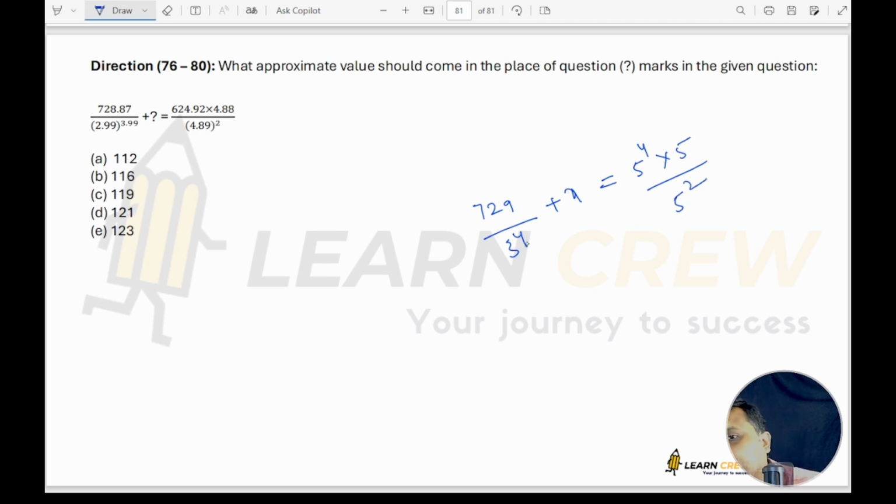So 3 power 4 is 81. 81 9s are 729. Now 5 square, 25 5s are 125. 125 minus 9 is 116. So the answer is 116.